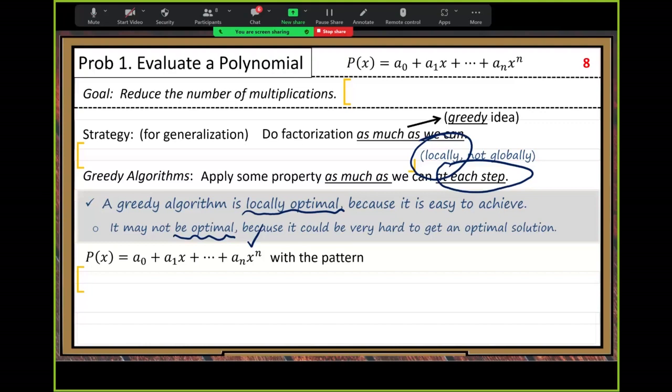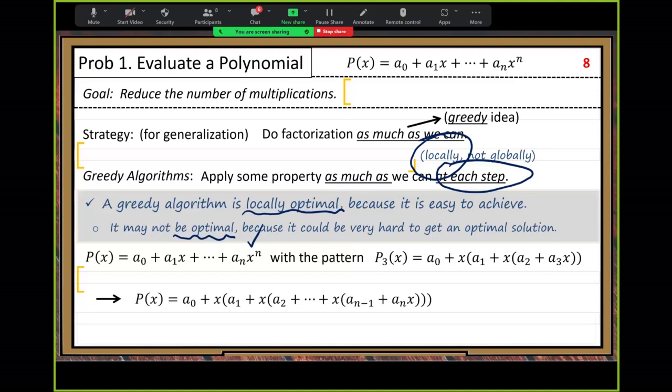So we use our degree 3 factorization example as the guidance to get the formula for the degree n case. All right, so we want to do the factorization as much as we can.